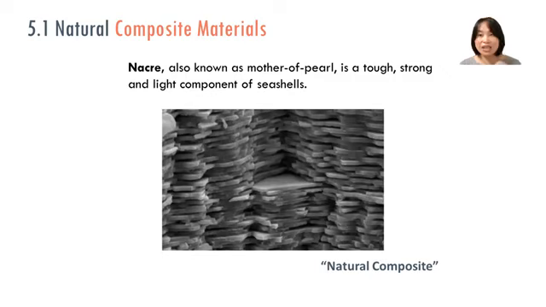We can see these nano plates stacked together, layer by layer. And this is what makes this seashell so tough and very difficult to break, because of this nano brick-by-brick composite structure.